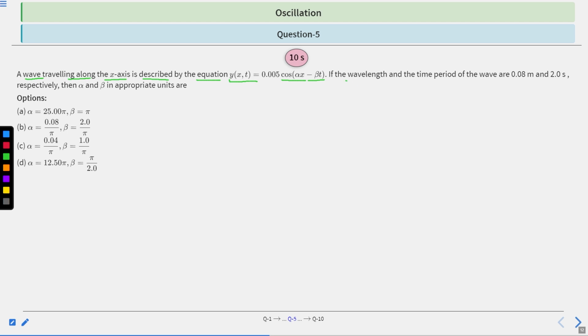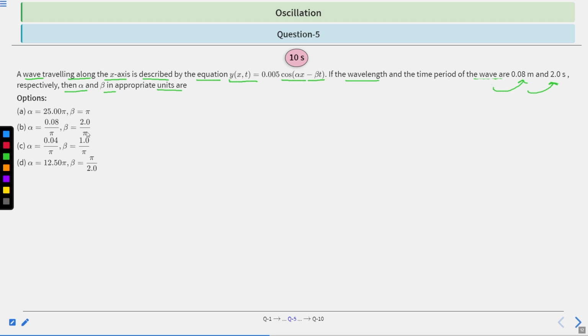If the wavelength and time period of the wave are 0.08 and 2.0 seconds respectively, then alpha and beta in appropriate units are what? The question asks about alpha and beta. Option A: alpha is equal to 25 pi and beta is equal to pi.